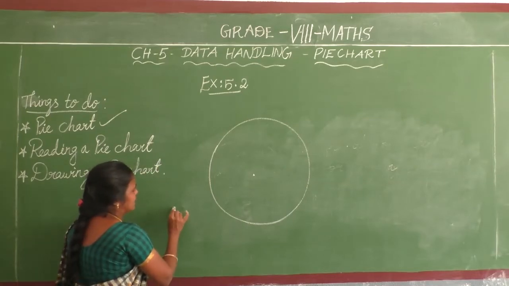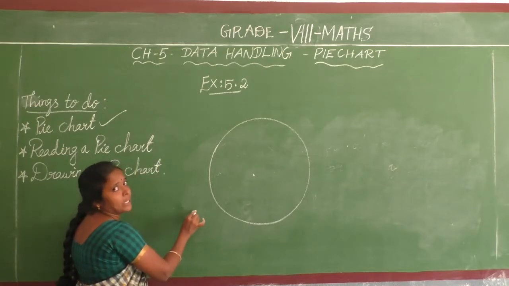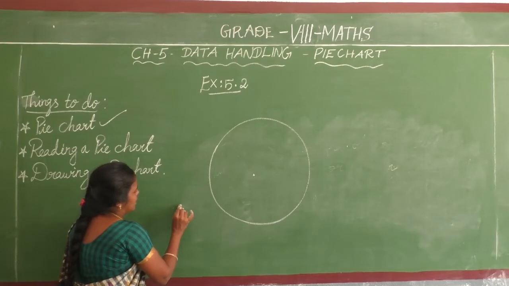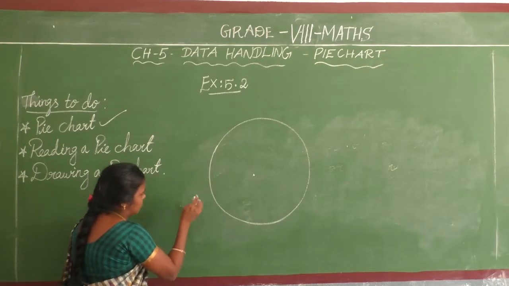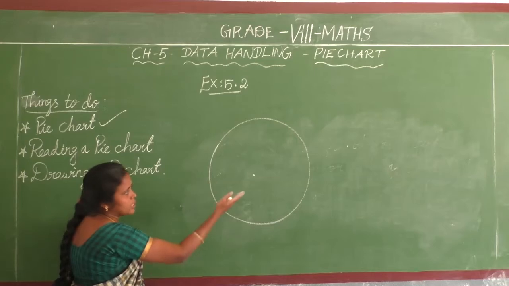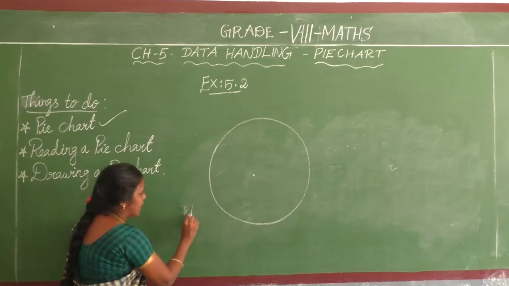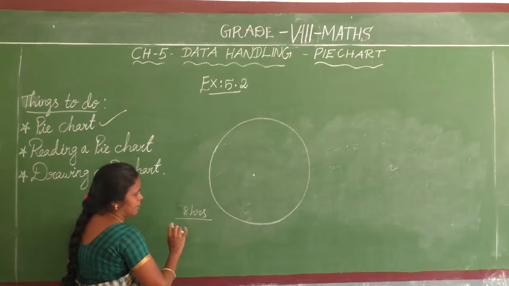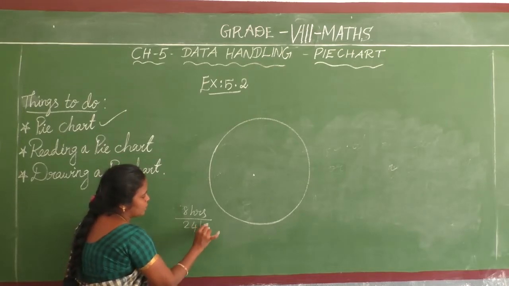What is that? Central angle for every component is equal to the value of the particular component by the sum of all the values. Just now we have seen 8 hours means 8 hours by the total number of hours in the circle, that means 24 hours we have taken.